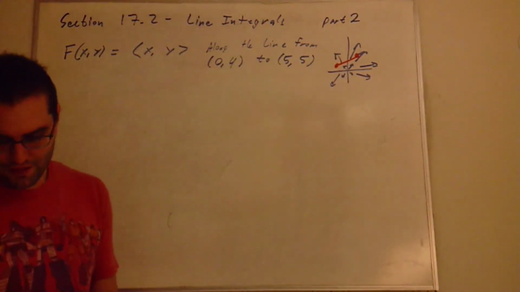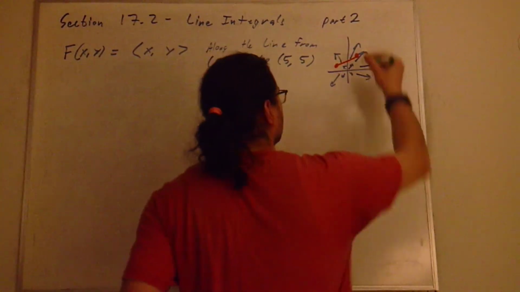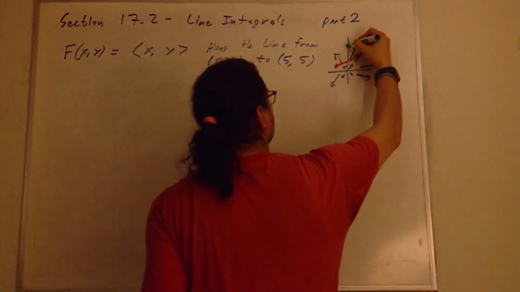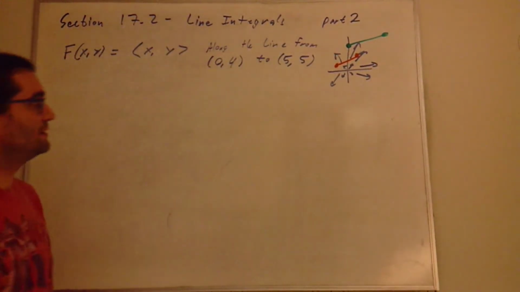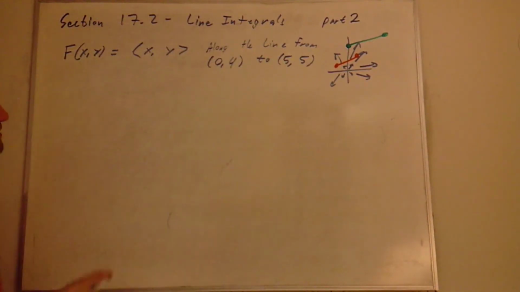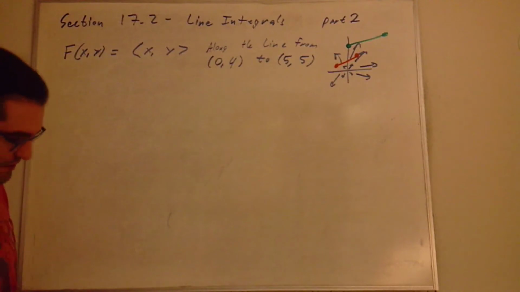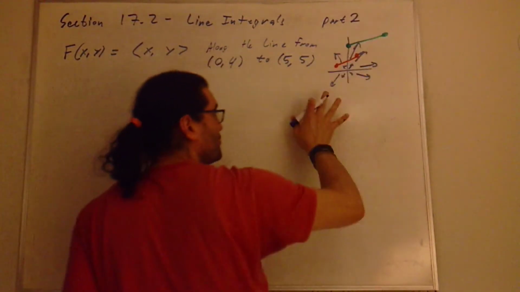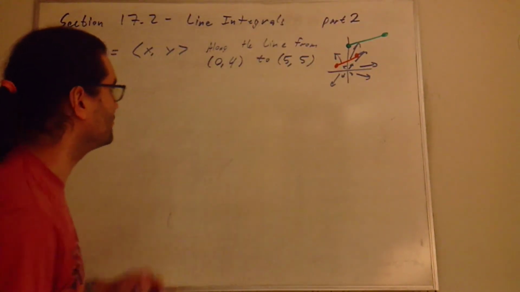So the new path is all in quadrant 1. It's going to start right here, and it's going to go over here. We have a horizontal increase of 5 and a vertical increase of 1. This is generally moving in the same-ish direction of the vector field, so we'll see if we get something non-zero this time.